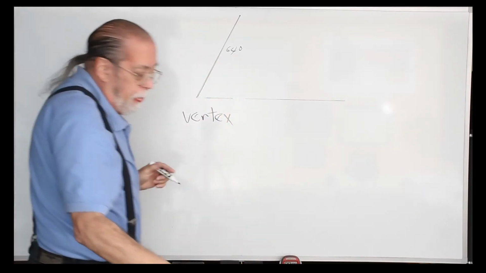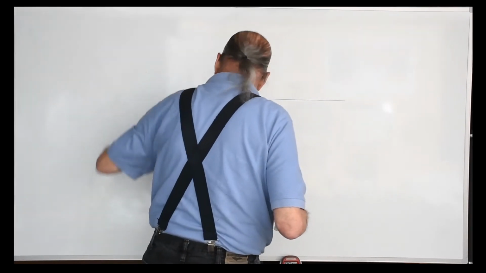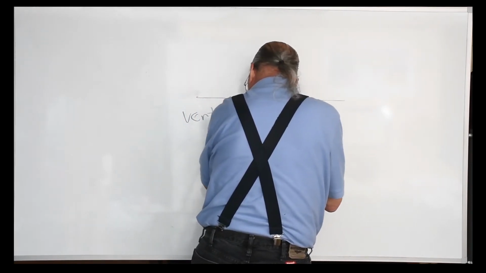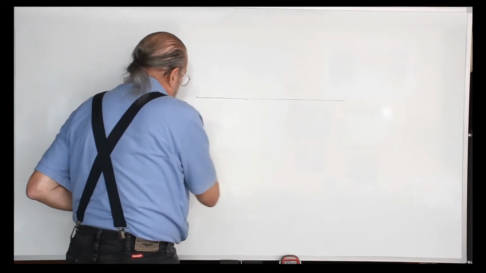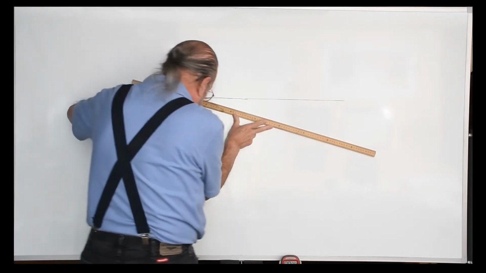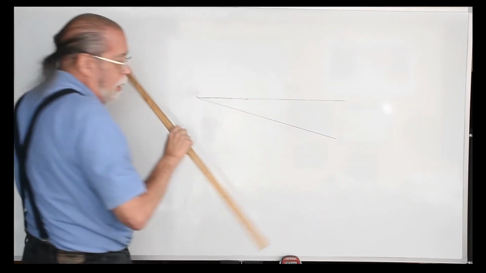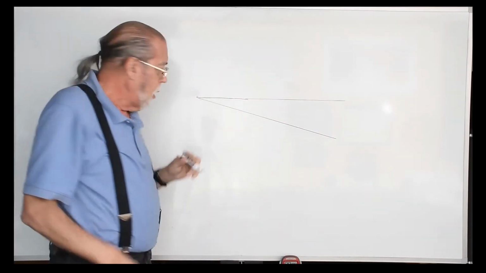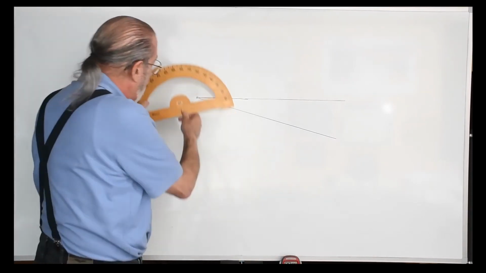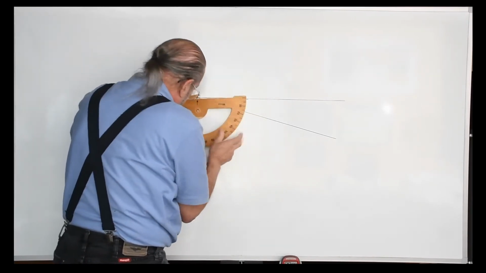If the line happens to be below the x-axis, as it probably is going to be today if you do everything right, then you simply turn the protractor upside down. There's our angle like that. Again, we line up the protractor vertex point with the vertex of the angle, but this is obviously not going to work, so we simply turn it upside down.